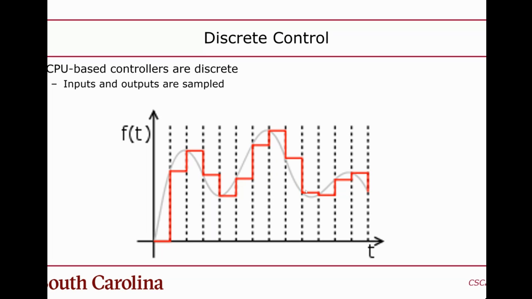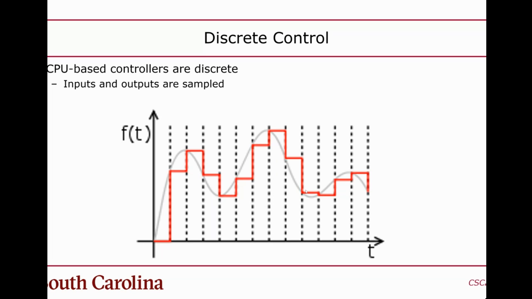Likewise, you're going to have a sensor of some kind in the physical system that provides the feedback signal to the controller, assuming you're doing a closed-loop controller. In a closed-loop controller, the input to the controller is also going to be discretized through the analog to digital converter. So in measuring the state of the plant, you're also going to be discretized.